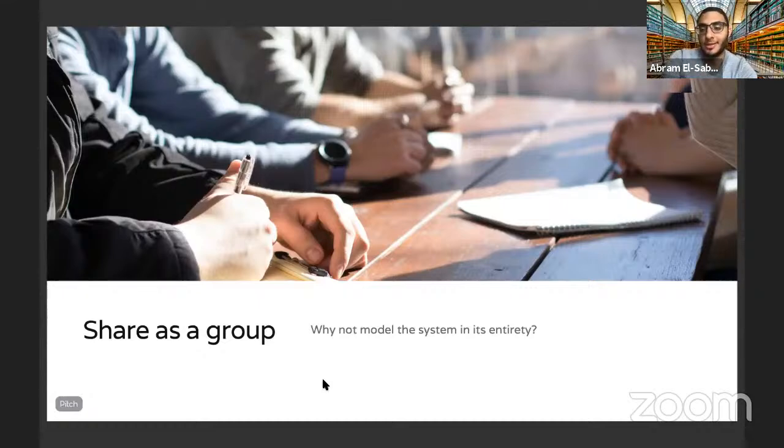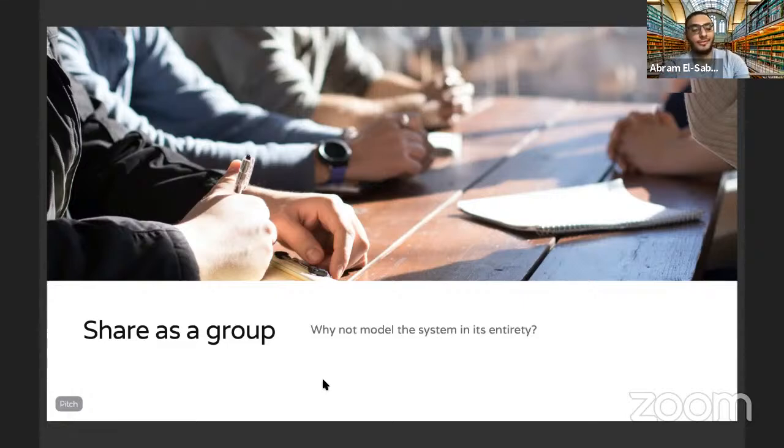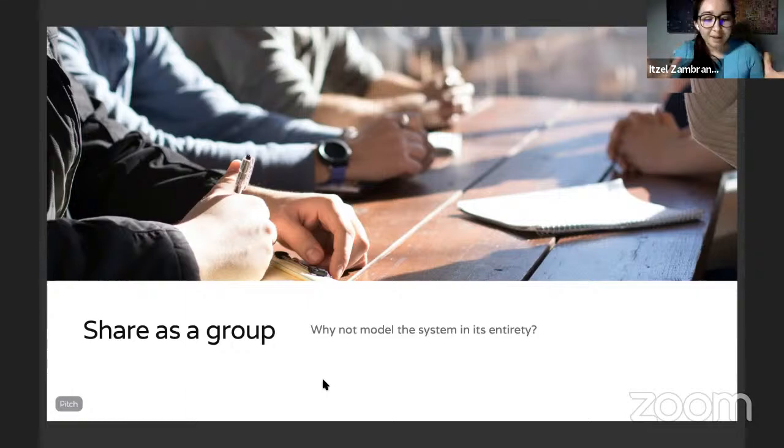What do you think? Why not map the system in its entirety? We came up with this kind of analogy of how can we map the ocean? It would be impossible, very complex. So maybe just start with a pool.